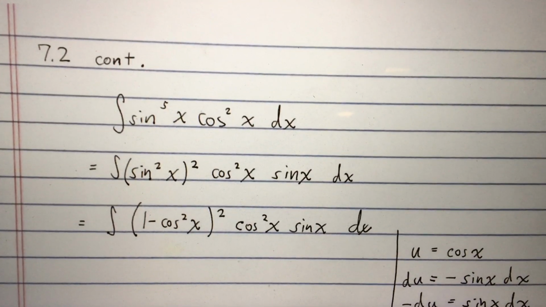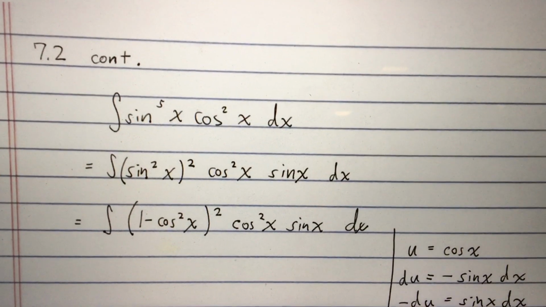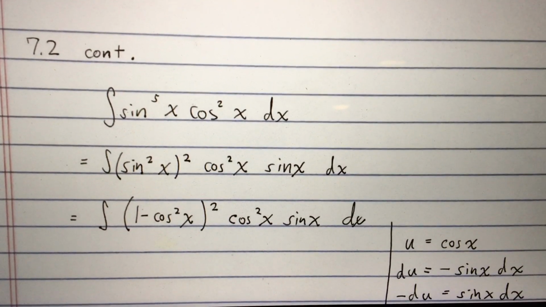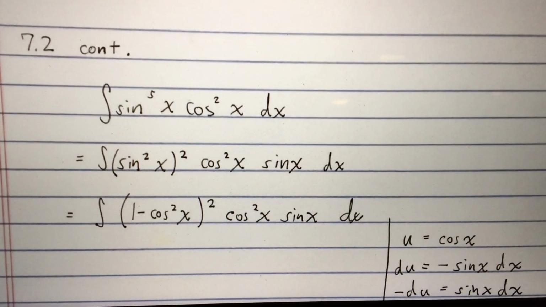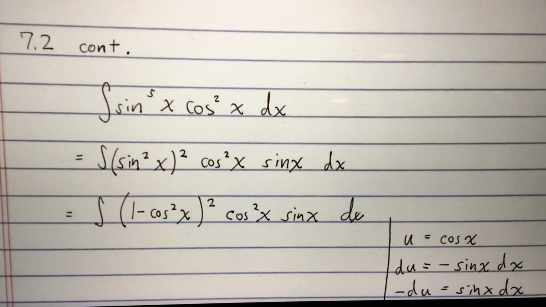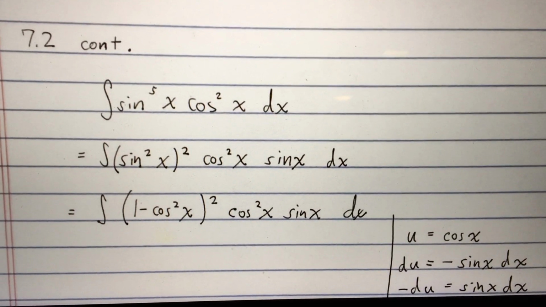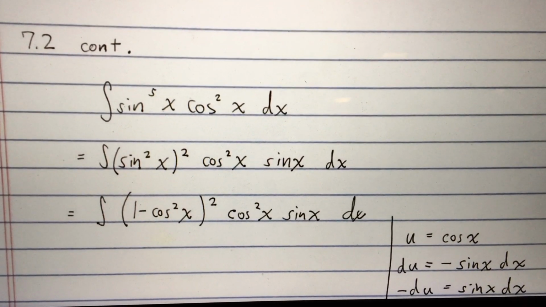And the first strategy is basically just u substitution, but a little bit fancier. The first thing to do is to try to write everything in terms of cosines, except for one last sine of x. That lets us do a u substitution.